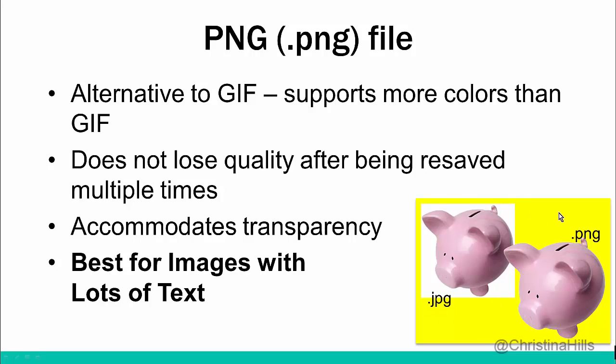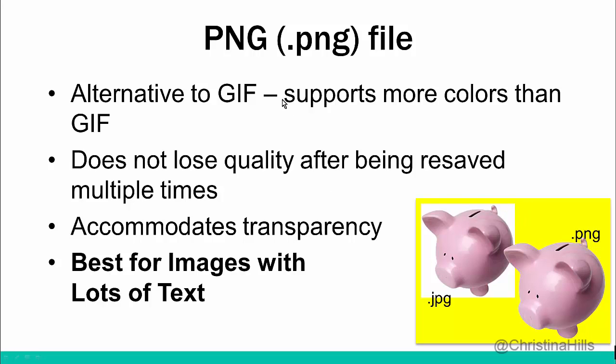So this little piggy image is explaining transparency. This little piggy is on top of the yellow, and it has a transparent background, so you don't see any white. But the GIF has white in here, so it doesn't look so good on top of the yellow background.